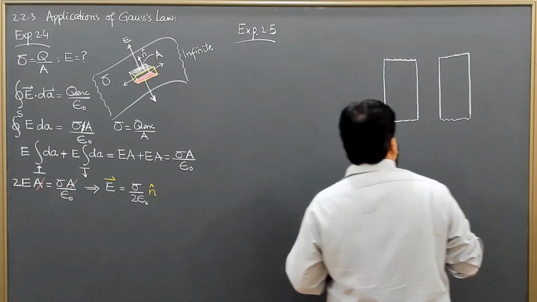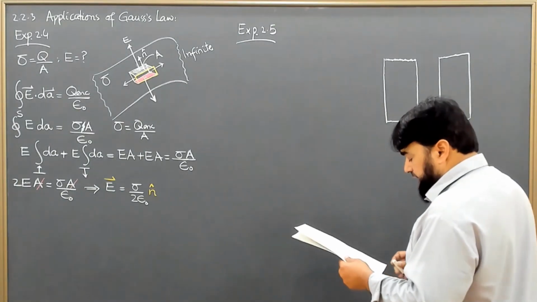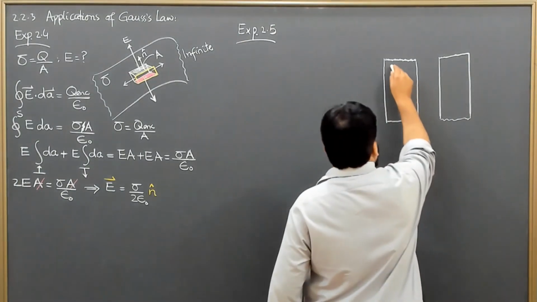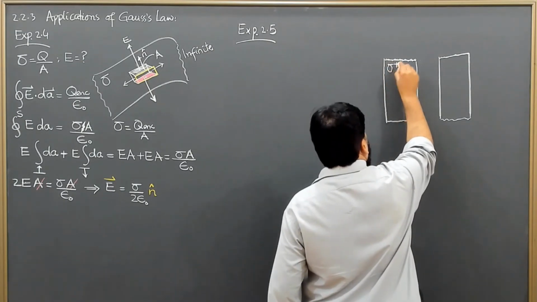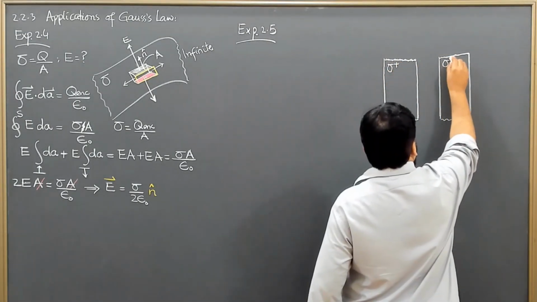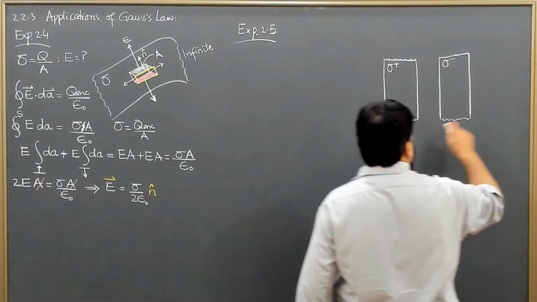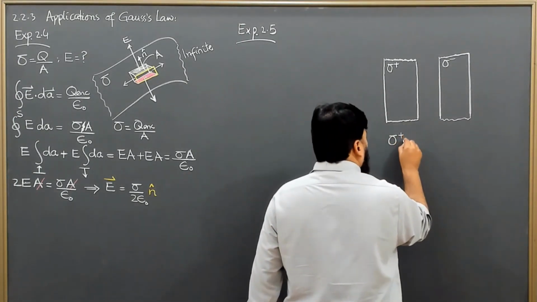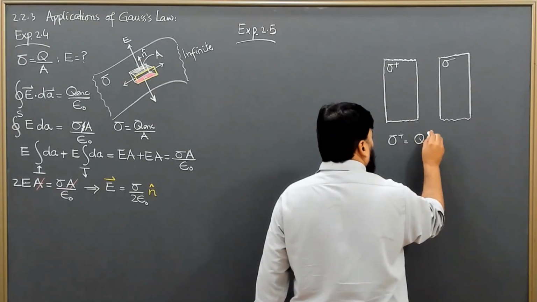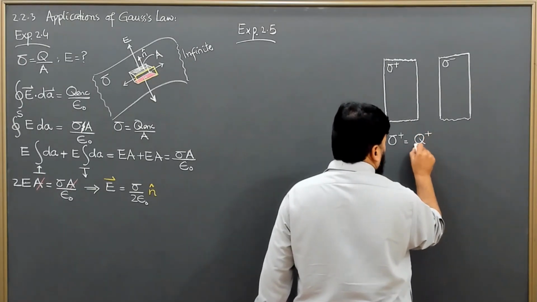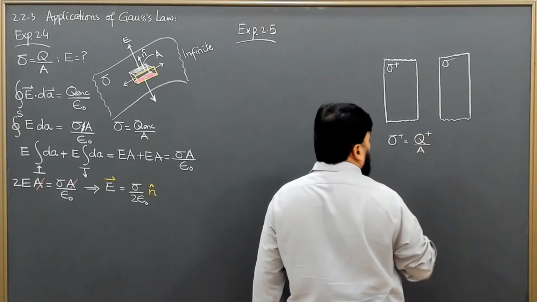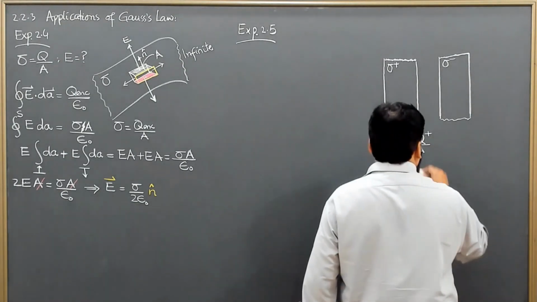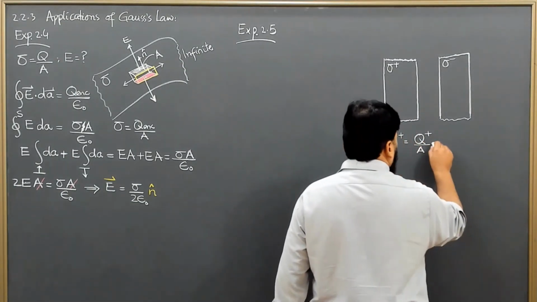These are two sheets of charges, and on this one we are having sigma plus, while on this one we are having sigma minus. Sigma plus means that we are having positive charge on this sheet divided by the area of the sheet. Both are having the same area as both are infinite sheets of charges.